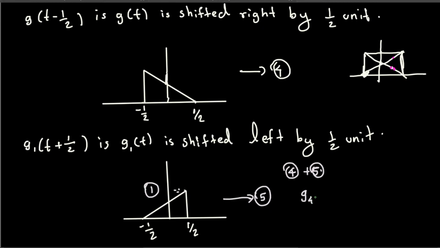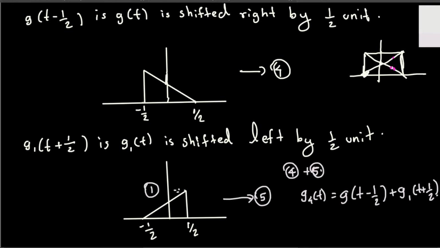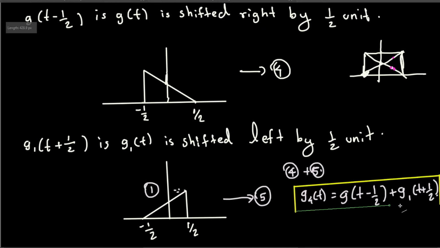So g4 of t is basically g of t minus half plus g1 of t. Okay, that's the equation.